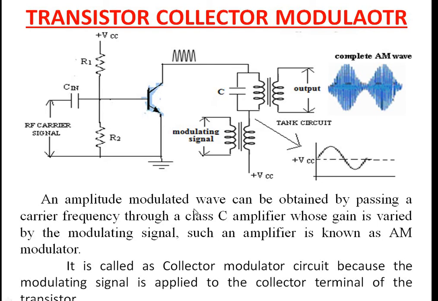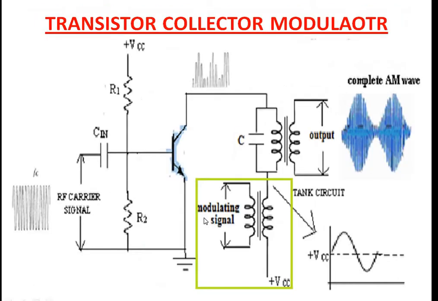An amplitude modulated wave can be obtained by passing a carrier frequency through a class C amplifier whose gain is varied by the modulating signal. Such an amplifier is known as an AM modulator. This circuit is called a collector modulator because the modulating signal is connected to the collector terminal of the transistor.